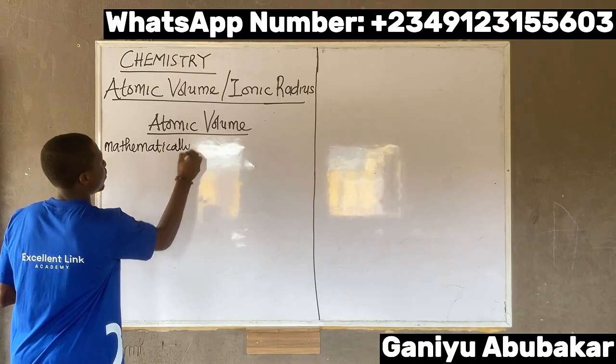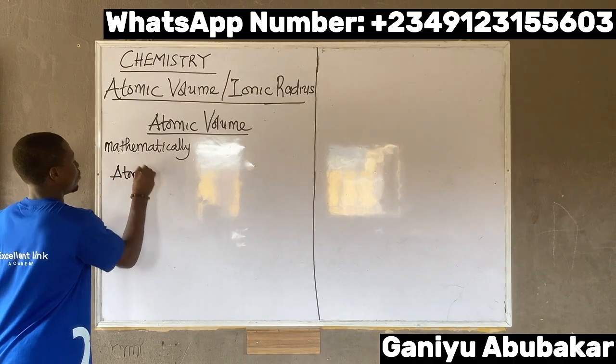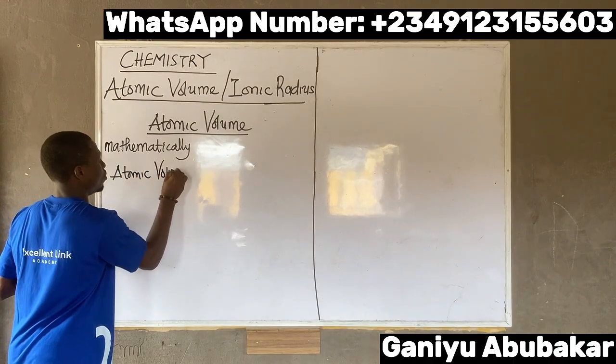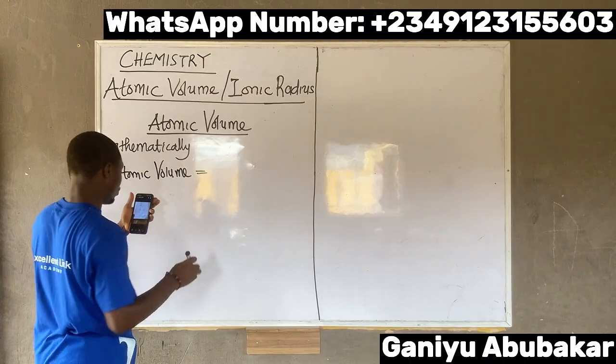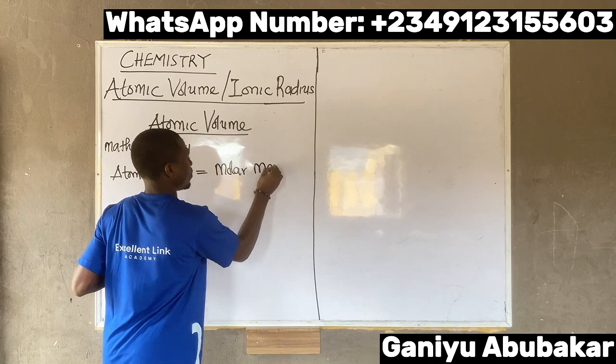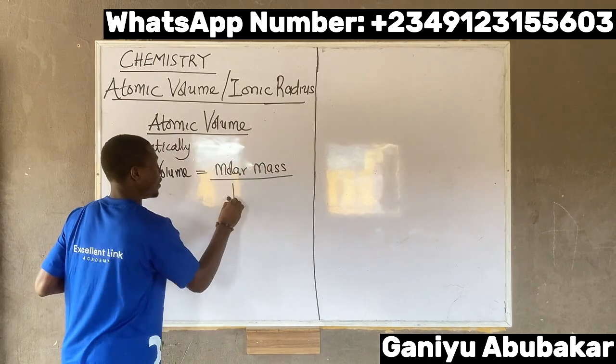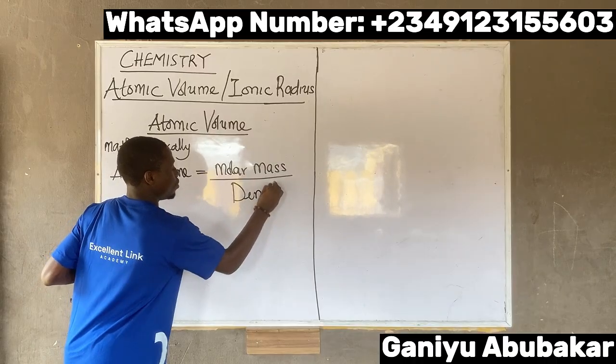Mathematically, atomic volume is the ratio of molar mass over density.